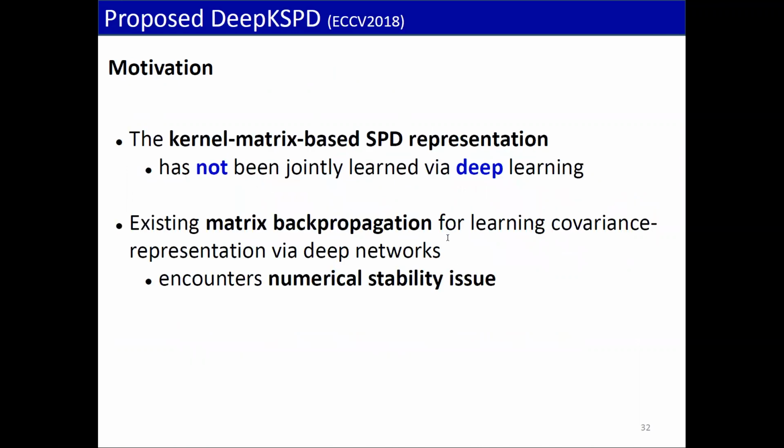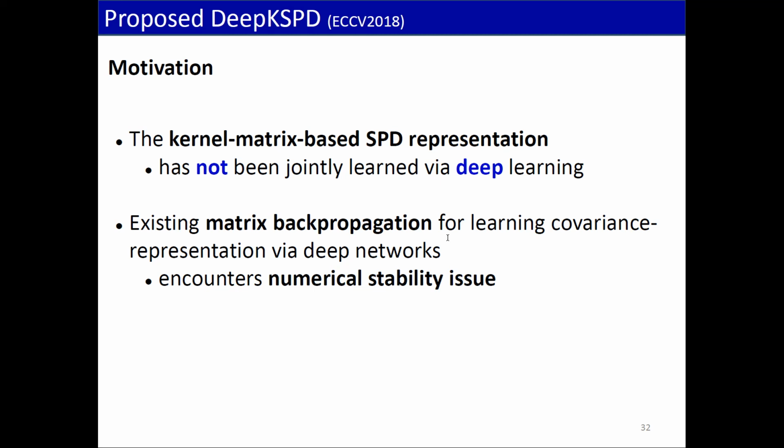Now I would like to introduce one piece of our work, which we proposed in ECCV 2020. We have seen the promising performance of kernel matrix-based SPD representation, but it was not learned in an end-to-end manner. It's still applied to either handcrafted features or pre-extracted learned features. So we want to put it into the deep neural network and learn it in an end-to-end manner.